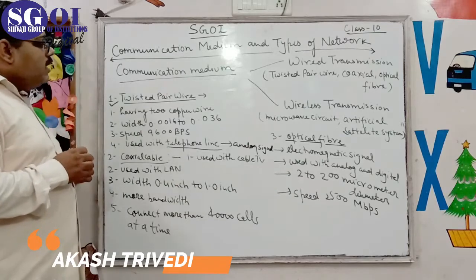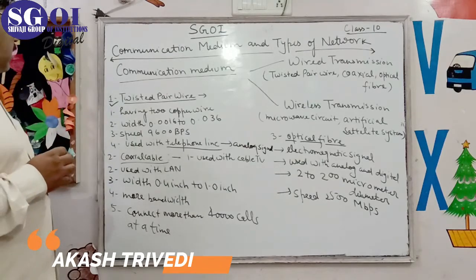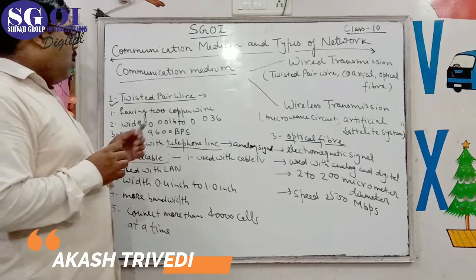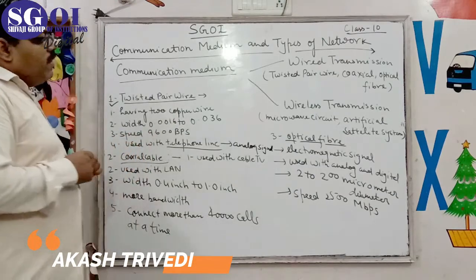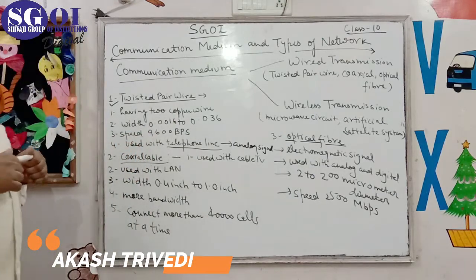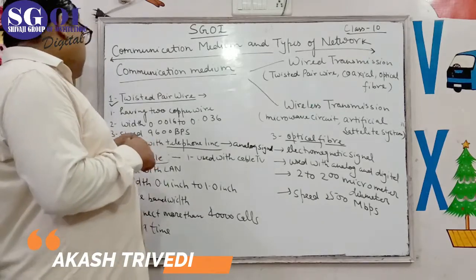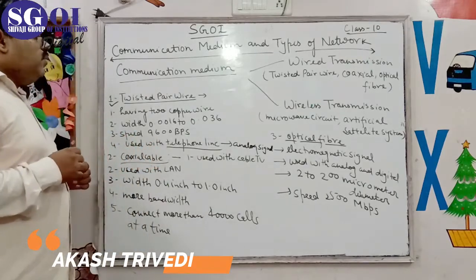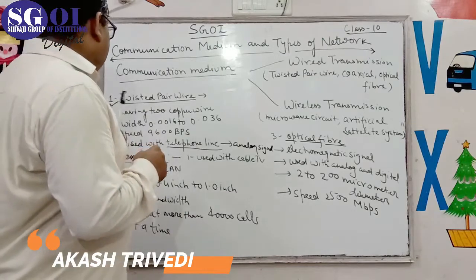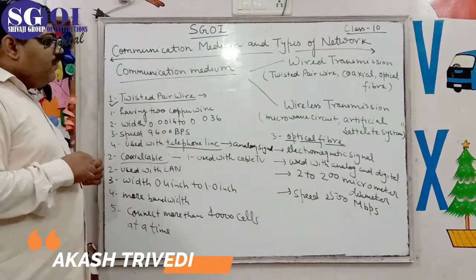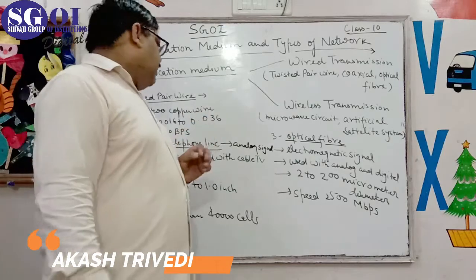It is used in telephone lines, meaning it is used with analog signals. So twisted pair wire is used for short distances, and we can send our data a short distance with the help of twisted pair wire. In twisted pair wire, we only flow analog signals.